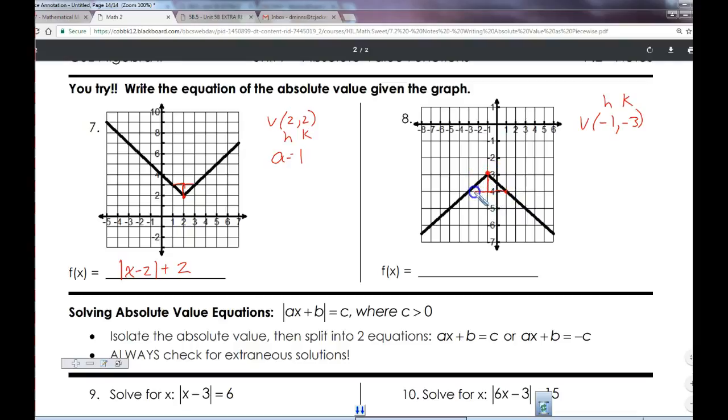Down 1 over 2, that's 1/2, and we went down, so it's negative. So a equals negative 1/2. So f of x equals negative 1/2 absolute value of x plus 1, the opposite of what we had here, minus 3 should be our equation.